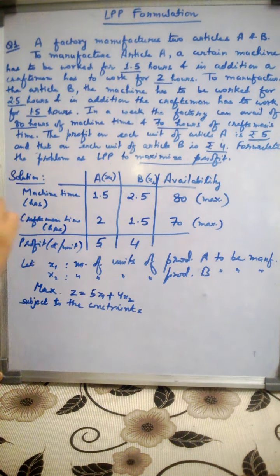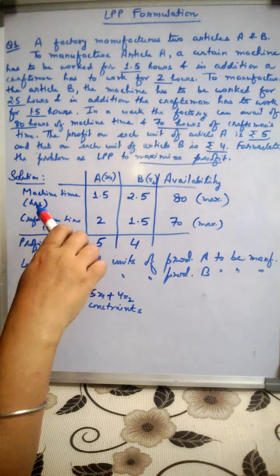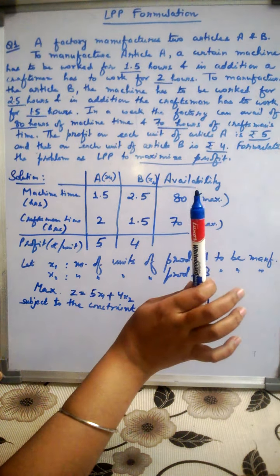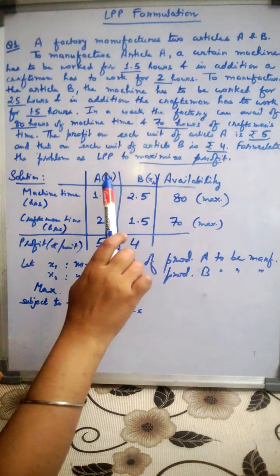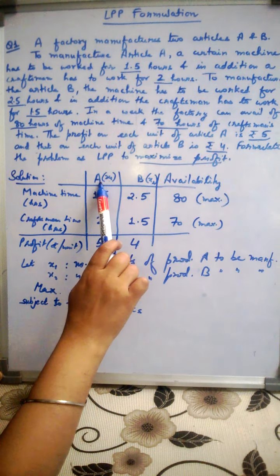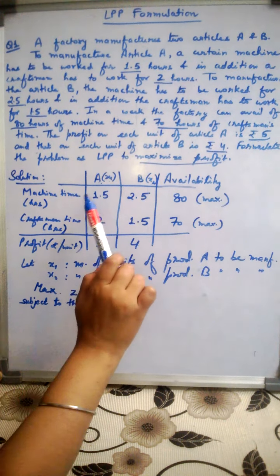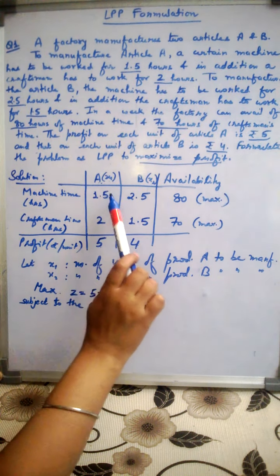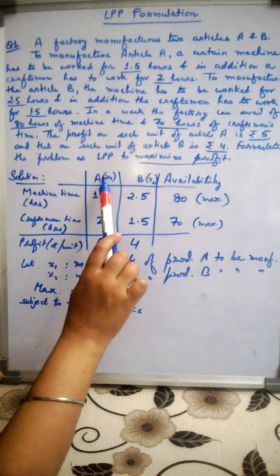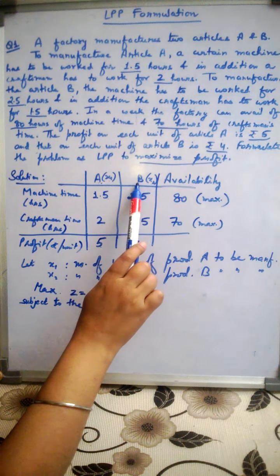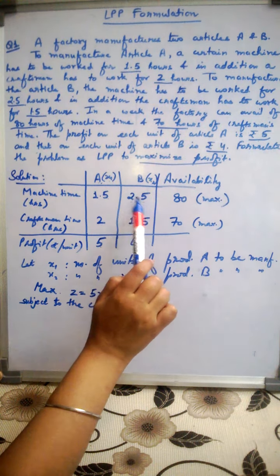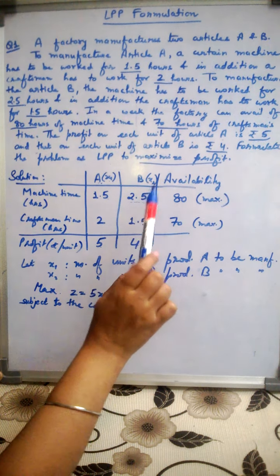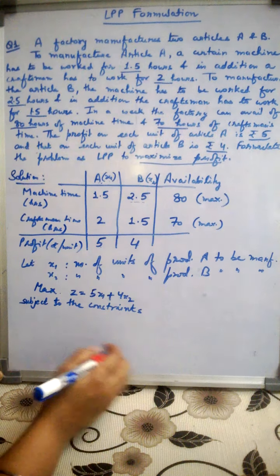First constraint is on machine time. See, the factory can avail of 80 hours of maximum machine time in a week. Okay. Now, if 1 unit of article A requires 1.5 hours of machine time, x1 units will require 1.5 into x1. Similarly, 1 unit of B requires 2.5 hours of machine time. So x2 units of B will require 2.5 x2 amount of machine time.